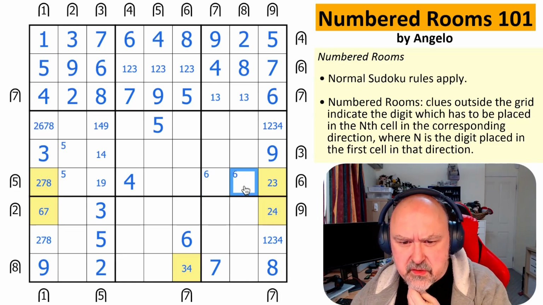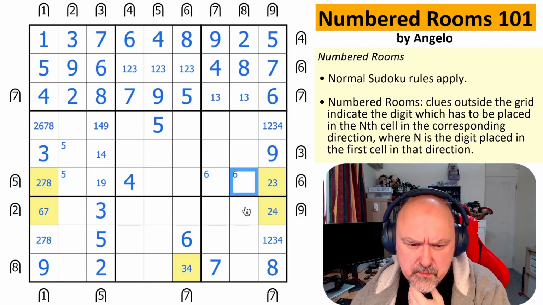It'll be Sudoku at this point I'm missing. It has to be, doesn't it? It's a cool intro puzzle, but I'm missing something. 2, 7, and 8.